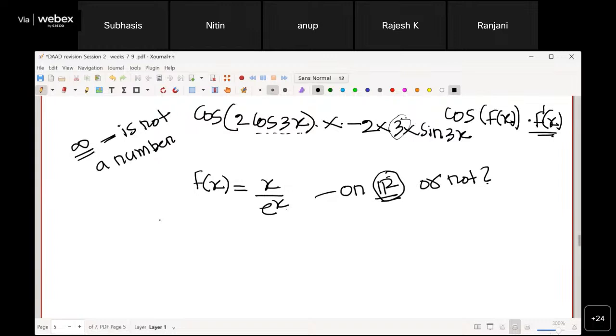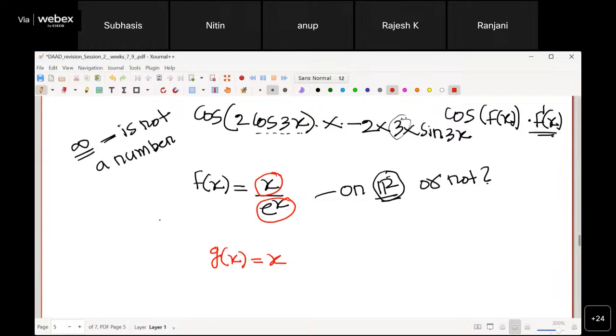As you can see, you have two things here, right? You have something in the numerator and you have something in the denominator, right? So first think about this function. Let's say g of x is equal to x.